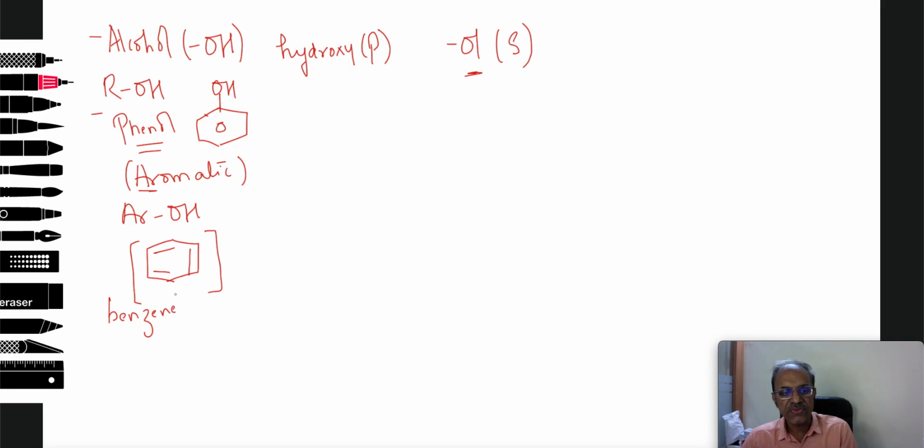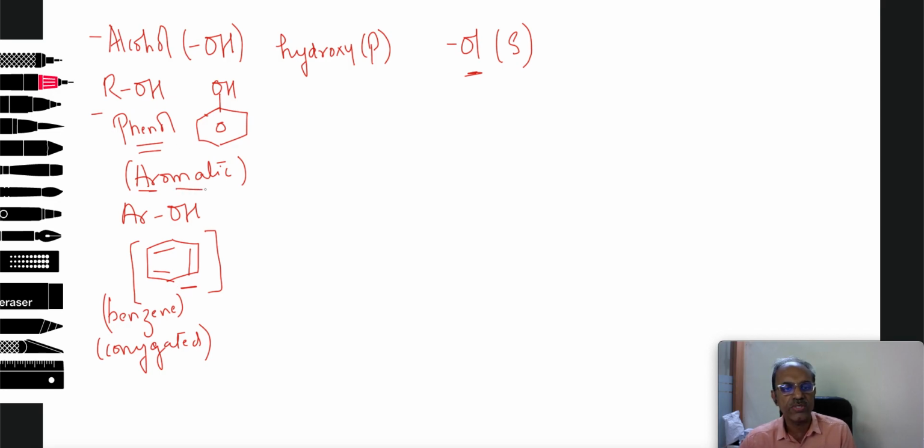In the classification of compounds I have told, aromatic is one of the classifications. Benzene: double bond, single bond, double bond, single. That means it is conjugated, so it is known as aromatic.